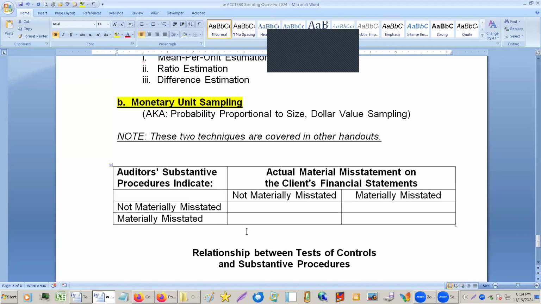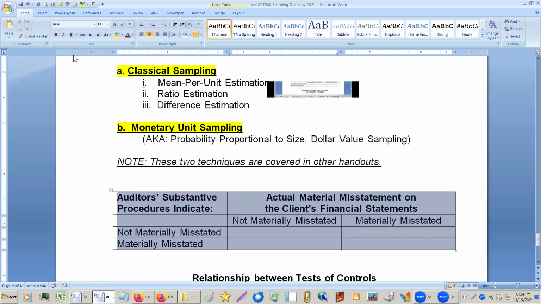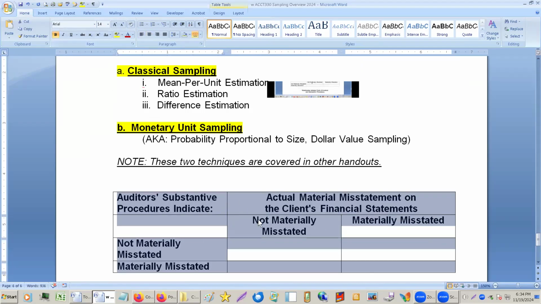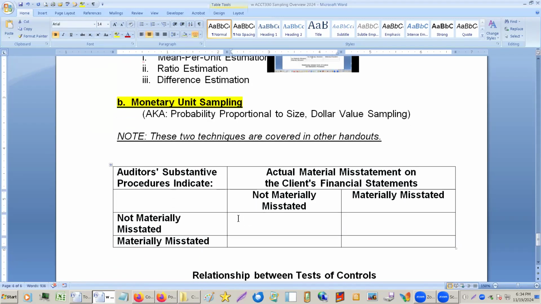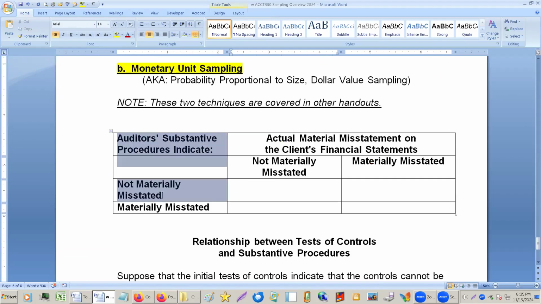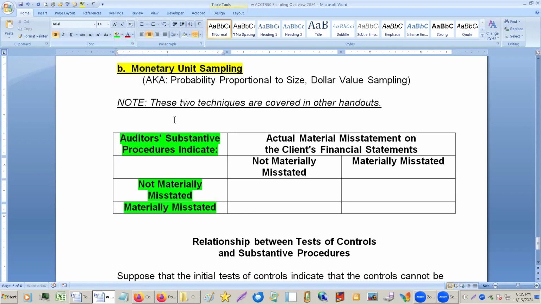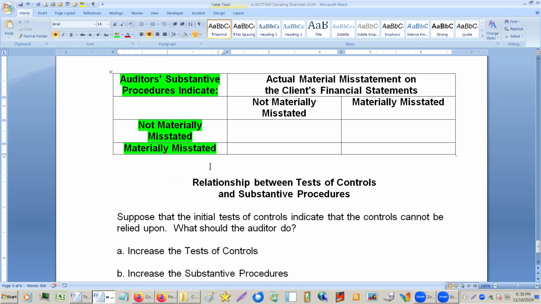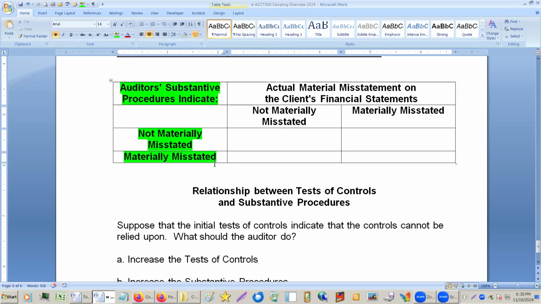Okay. All right, so now coming down here, we get the same scenario as we had on the previous page. What colors did I use up here? Green and blue. Okay. So here's green. So this is the auditors. The auditors do their testing and they find that they're either not materially misstated or they're materially misstated.